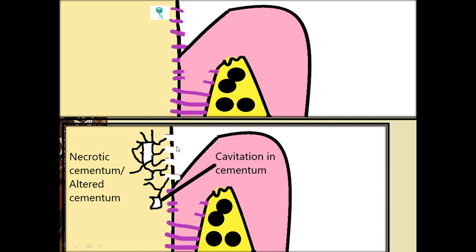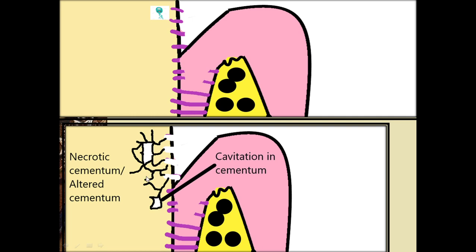Since the cementum is exposed to the oral cavity, there will be cracks in the cementum and cavitation in the cementum. See, there is a cavitation in the cementum. This white I have tried to show, these are cavitations in the cementum.